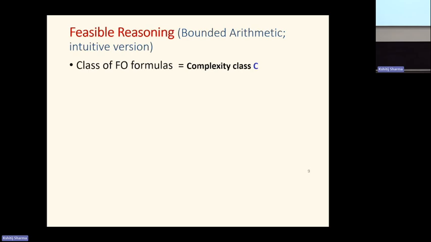You want to consider a theory that works with concepts that are feasible. So I'm starting with a class of first order formulas which actually characterize a complexity class C. A complexity class is just a class of functions that can be computed with some computational model, as I said, maybe small circuits, maybe constant depth circuits, and so forth.